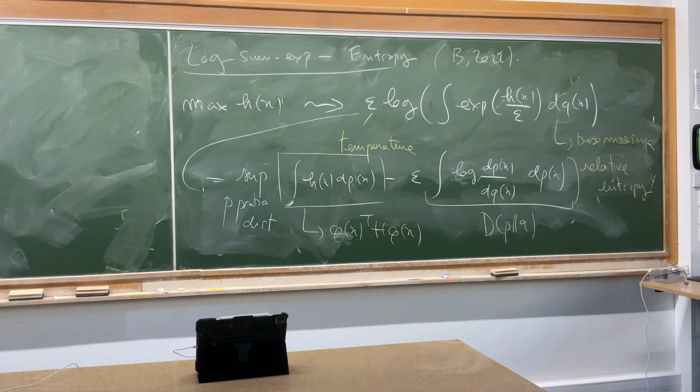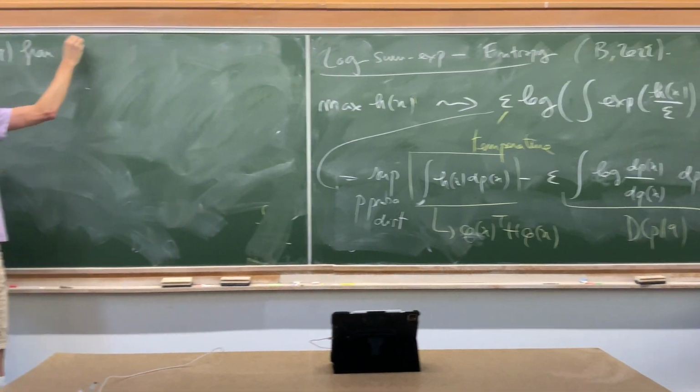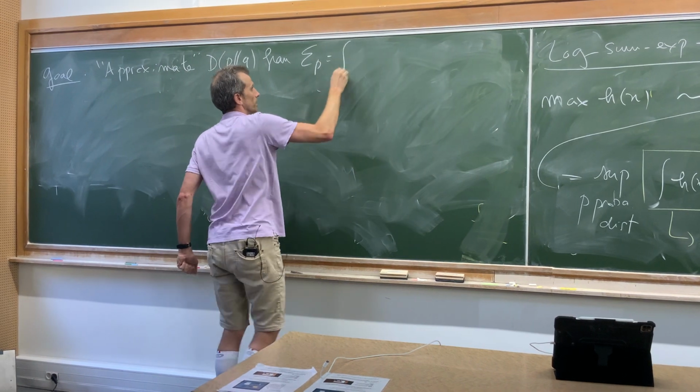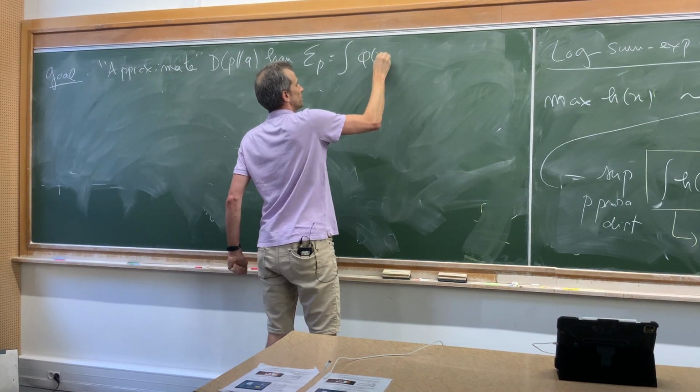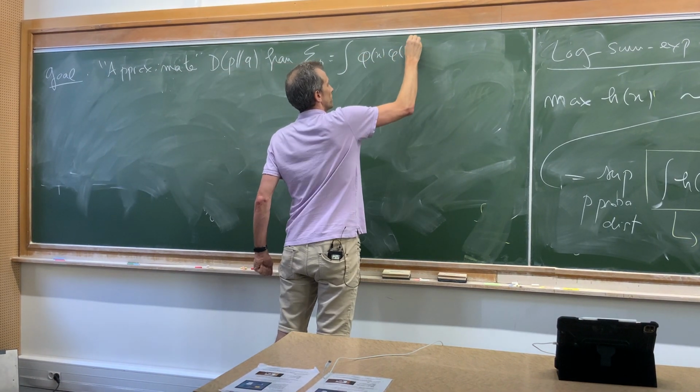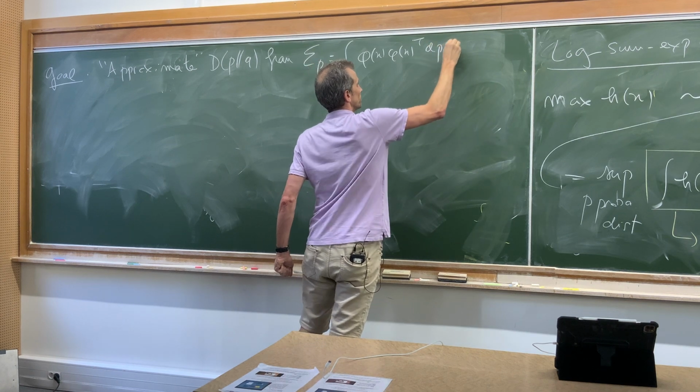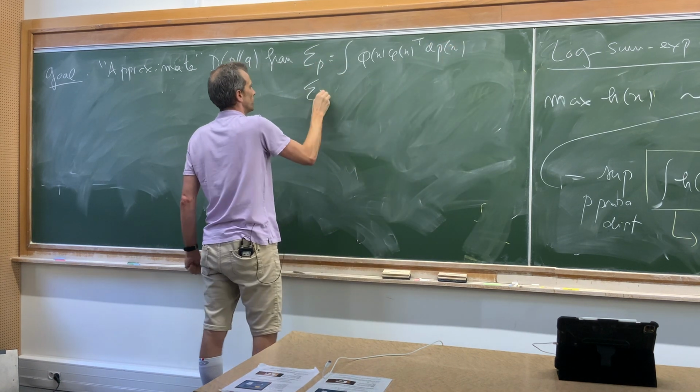So the goal is to approximate, in quotes, because I didn't make this more precise, approximate dpq from only moments, so sigma p, which is the integral of phi of x phi of x transpose dp of x, and sigma q being the same thing.